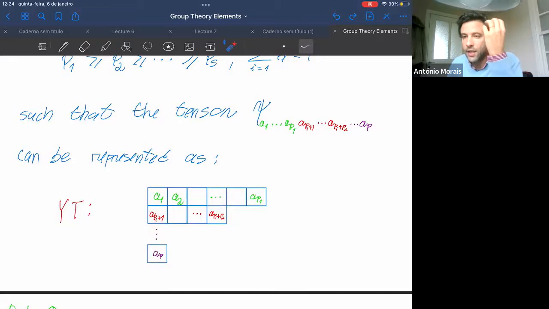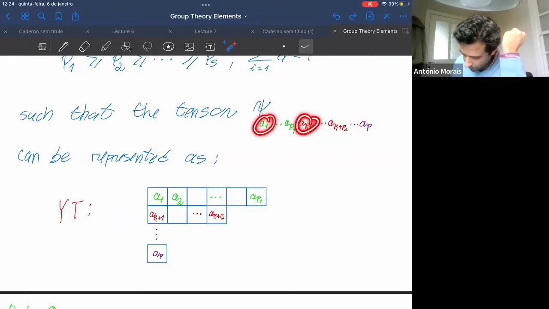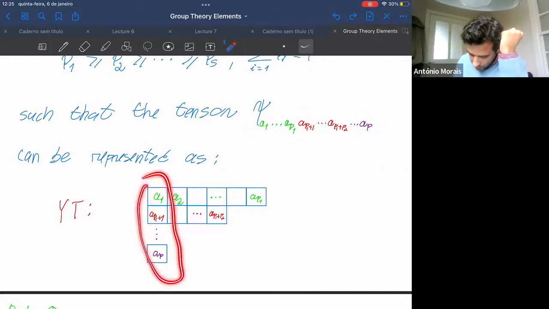stand for anti-symmetry. Now there is not a color correspondence here, but A1 permutation with AP1 plus 1 and AP. The permutation of these three indices, and eventually some other ones in between, is antisymmetric along this column.